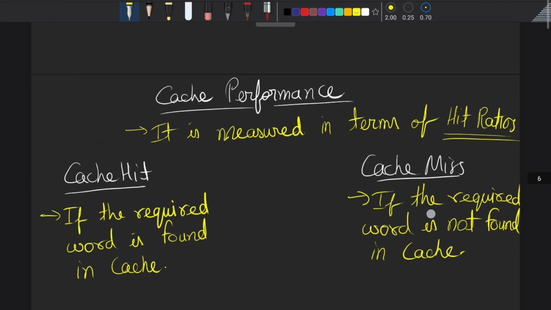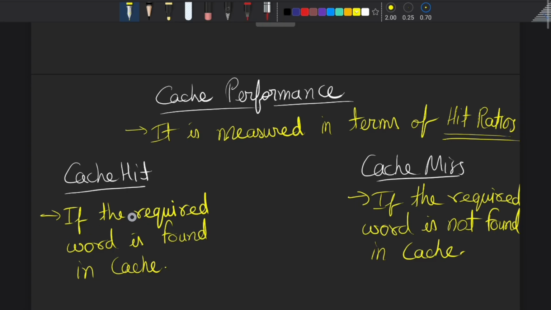So now let's look at cache performance. How do we measure cache performance? Cache memory performance is measured in terms of hit ratios. So you must be thinking, what is a hit ratio? First we will have to know what a hit is.